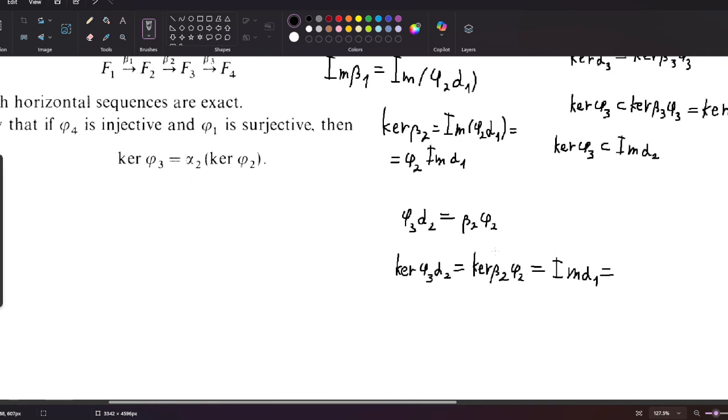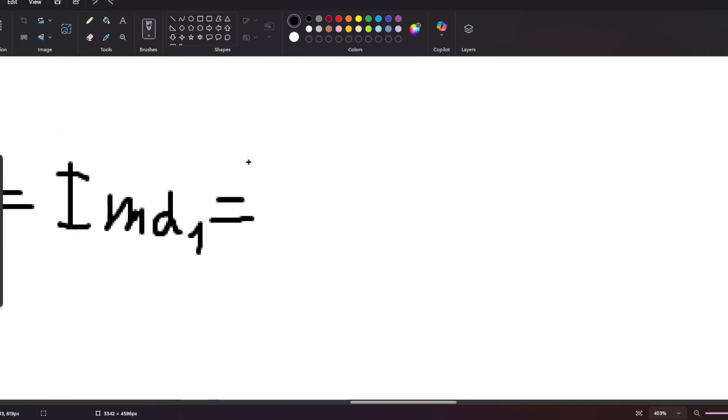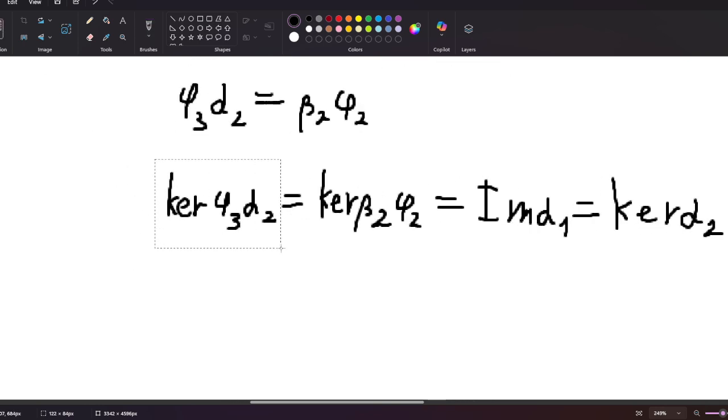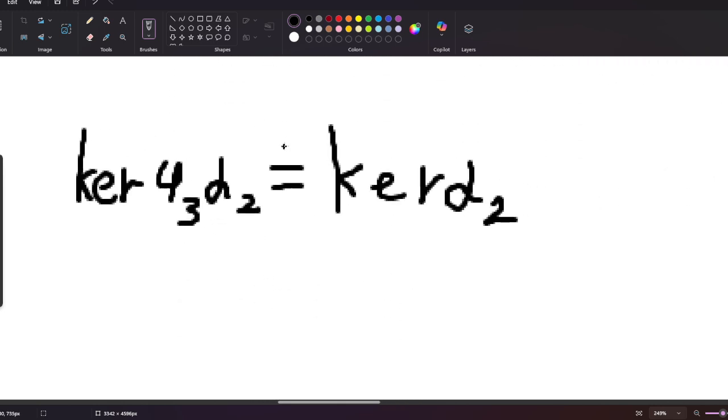Again, we're applying the fact that we're working with exact sequences, so that's going to be the kernel of alpha 2. Now we have an interesting thing. We know that the kernel of phi 3 alpha 2 is equal to the kernel of alpha 2.